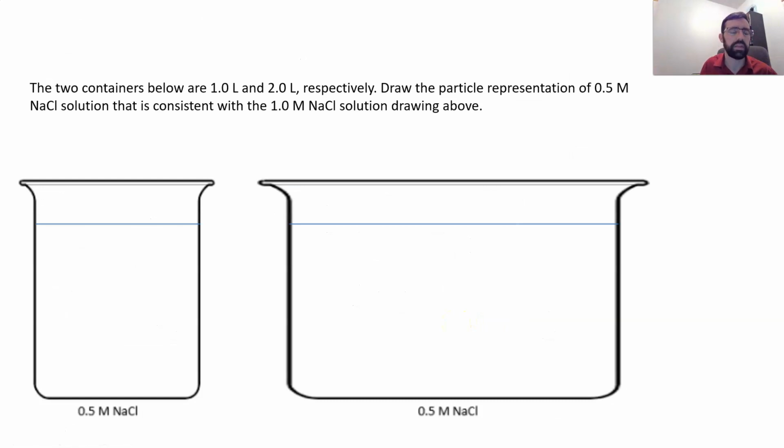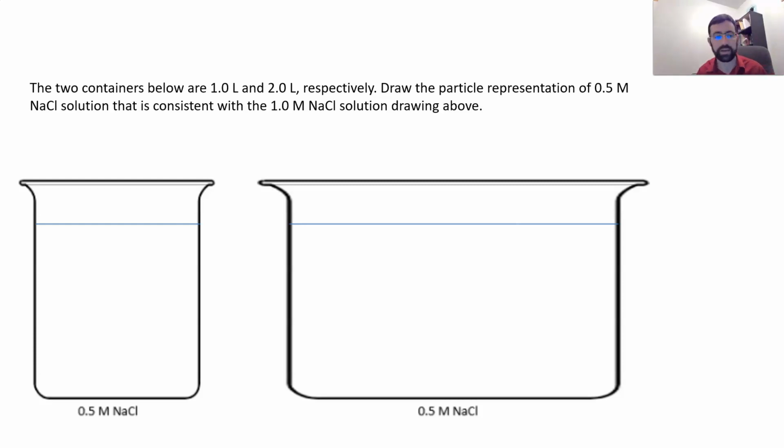Let's do another problem. The two containers below are 1.0 liters and 2.0 liters respectively. Draw a particle representation of 0.5 molar sodium chloride solution that's consistent with the 1 molar sodium chloride solution drawn above.